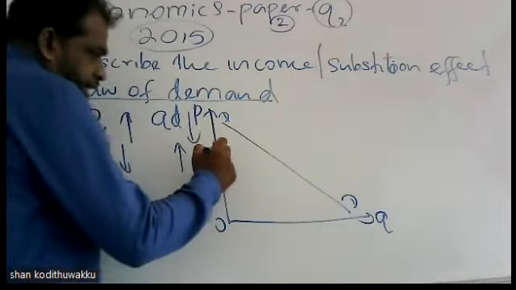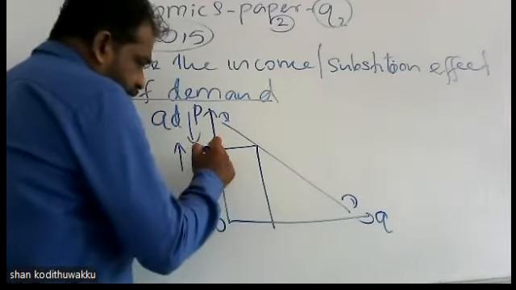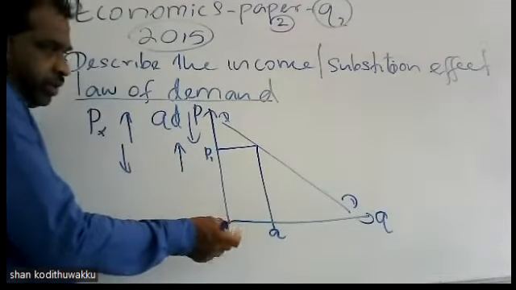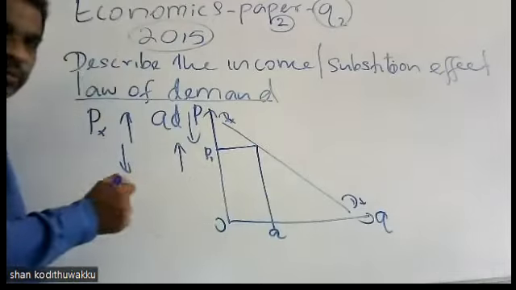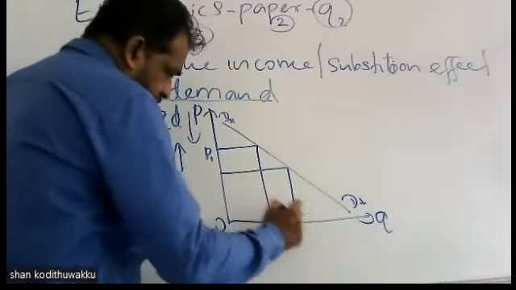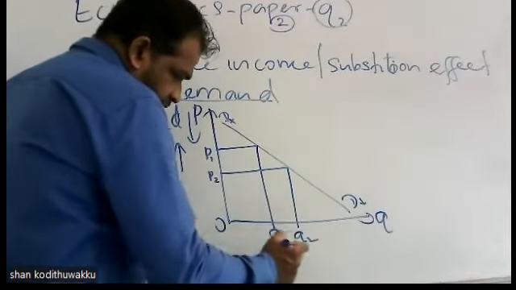You can just explain. This is a higher price, P1. This is the quantity demanded of this product X. On the demand curve for product X, when you decrease the price from P1 to P2, our quantity will increase.